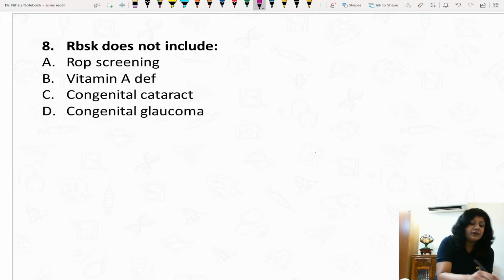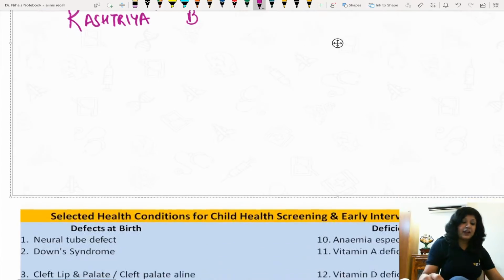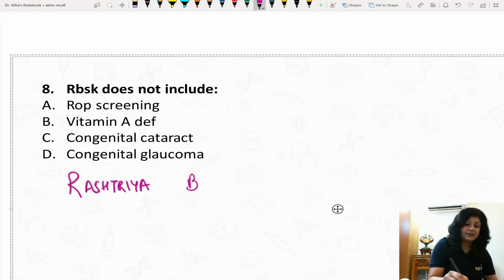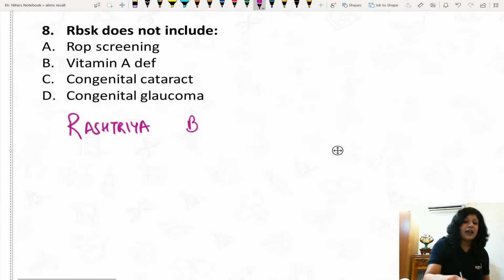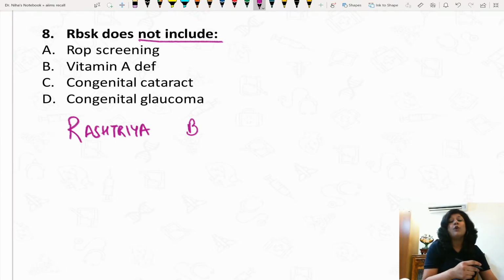This is the Rashtriya Bal Swasthya Karyakram, and this is actually including the 4 Ds.